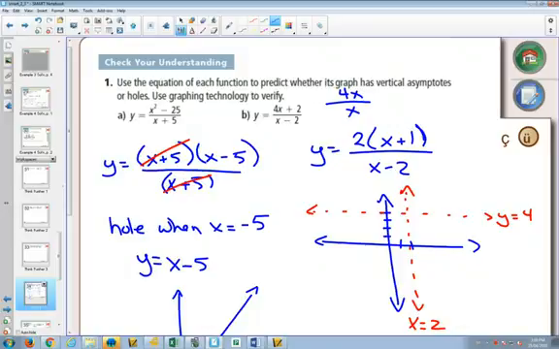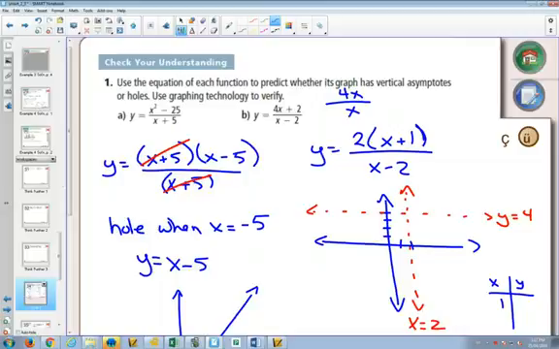As far as what this graph is going to look like, you can plug in some values. What happens if we do a little table of values, and I choose something on the left side of my vertical asymptote, and I choose a value on the right side of my vertical asymptote. For example, if I choose x equals 1, what's going to happen?